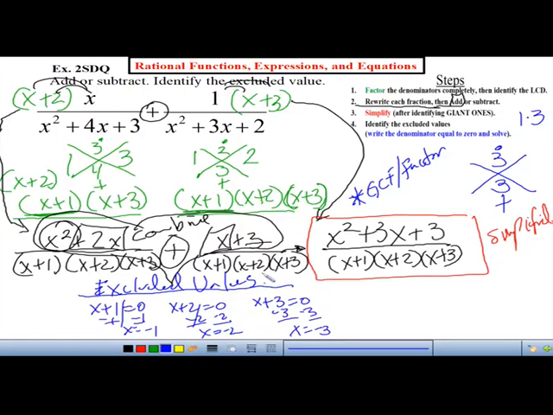All right, so my excluded values are -1, -2, and -3. Yep, that looks pretty good. One thing I want to remind you guys, look up please, don't forget at this step after we add these, to check to see if you can find the GCF or factor the numerator before you get to the giant one, okay?